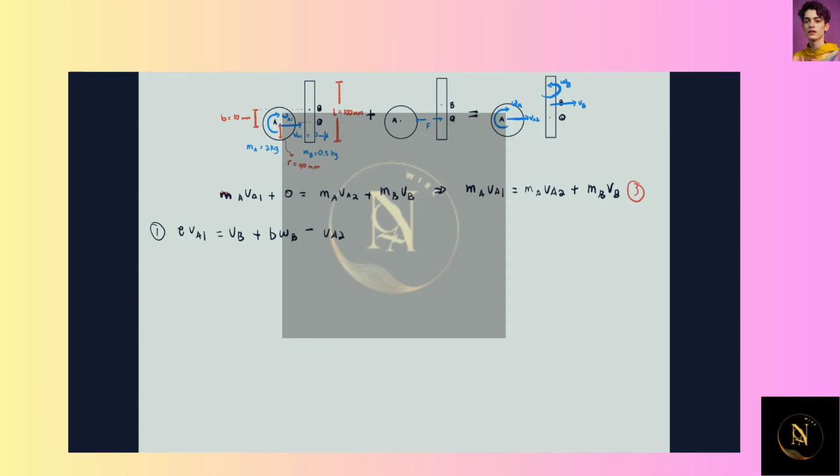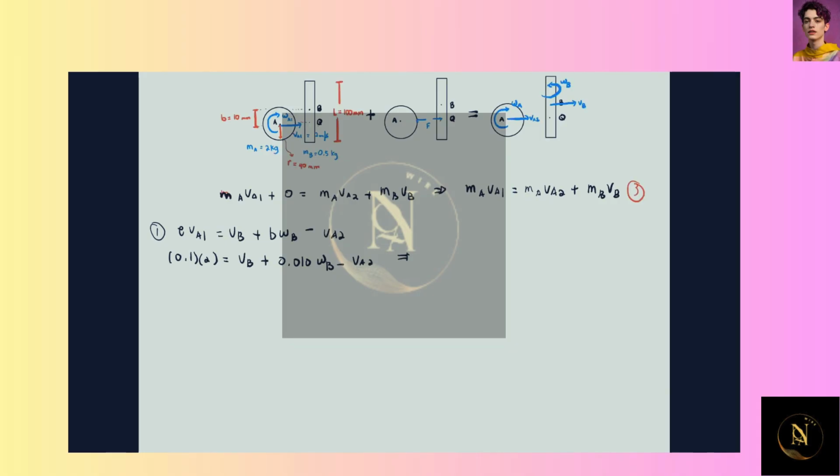Substituting the values, 0.1 times 2 equals vb plus 0.010 omega b minus va2.